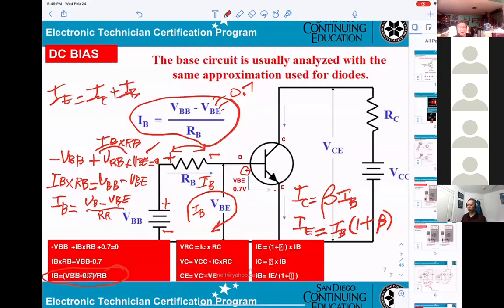The reason is the IB is too small, so we don't use that formula; we use this formula. Okay, that's what we're talking about: how do we calculate IB, IC, IE? Any question?